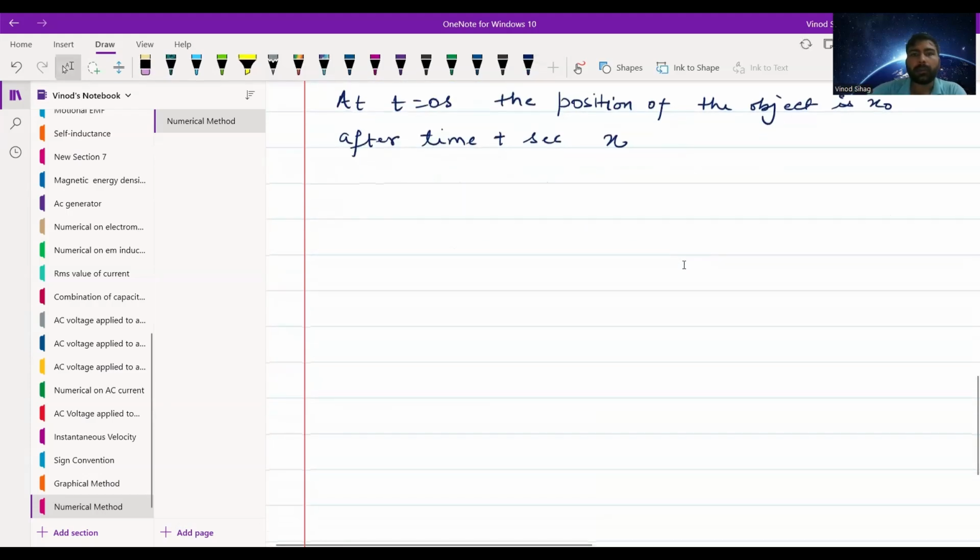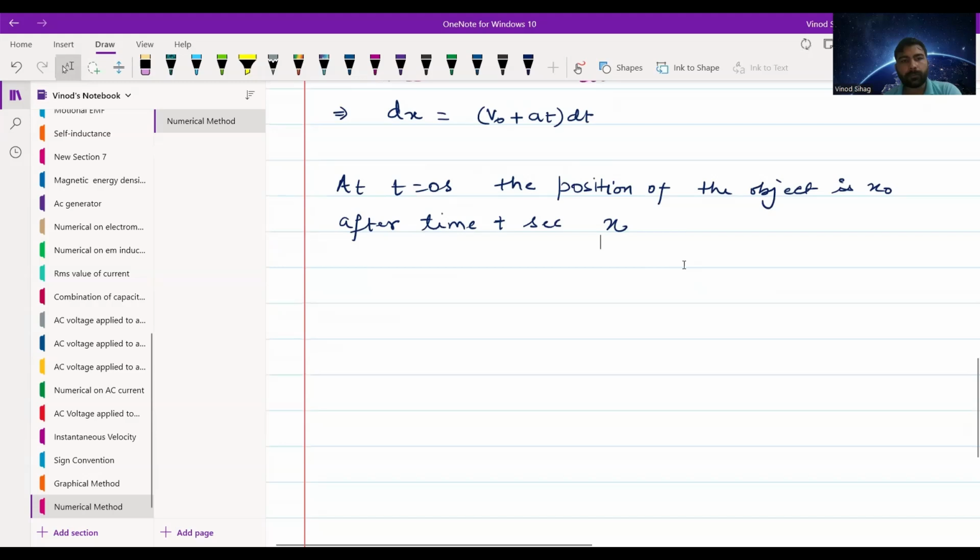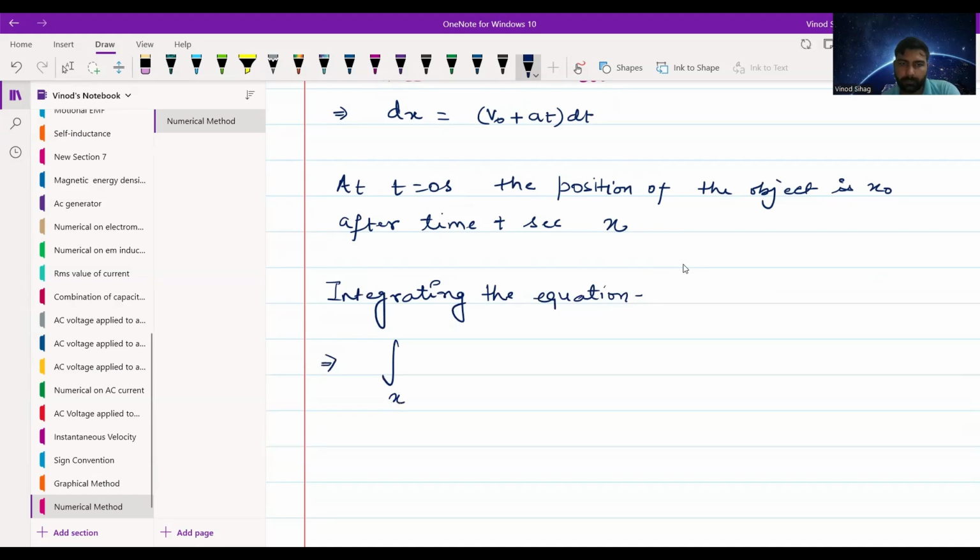Then the integration will lead us to, integrating the equation. So what we will get after integration? Integration will be from x naught to x equals integral of v naught plus at into dt, and the limit of integration is from 0 to t.